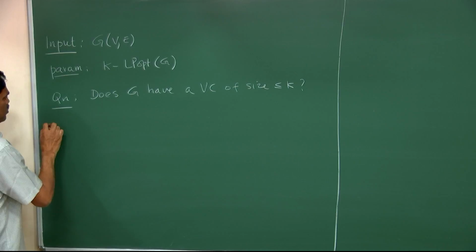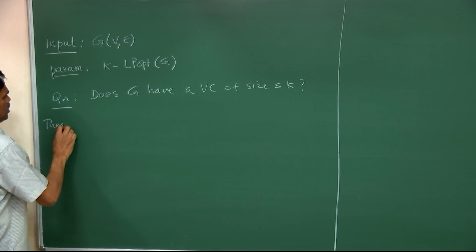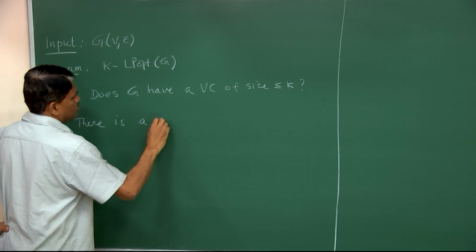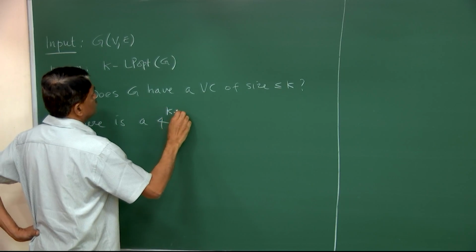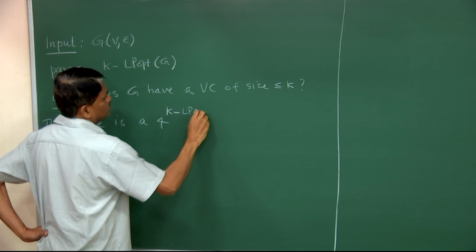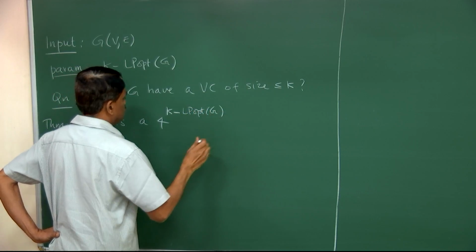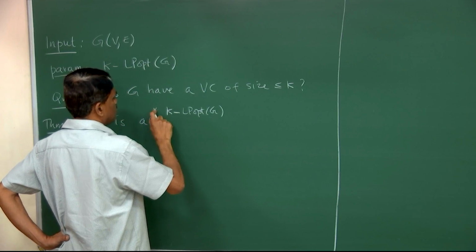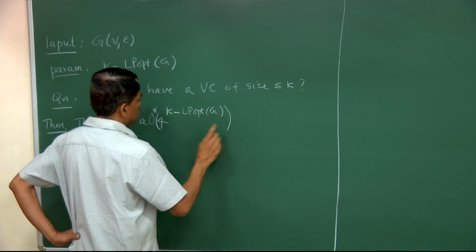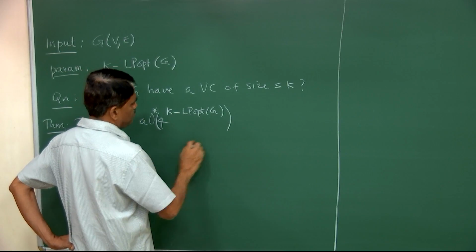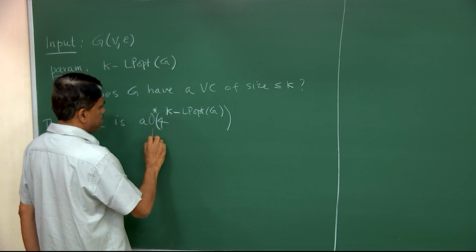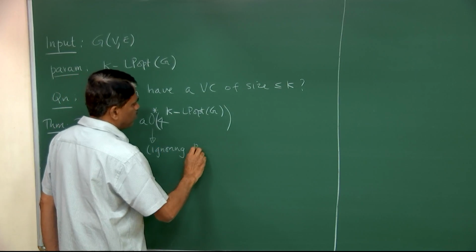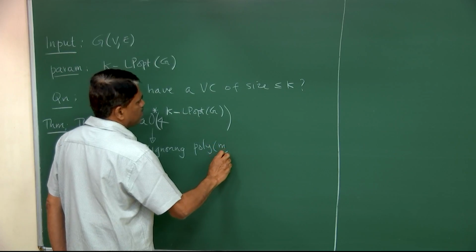And what we saw was, so I'm going to use this term O star, which means that I'm ignoring some poly in m, n term.